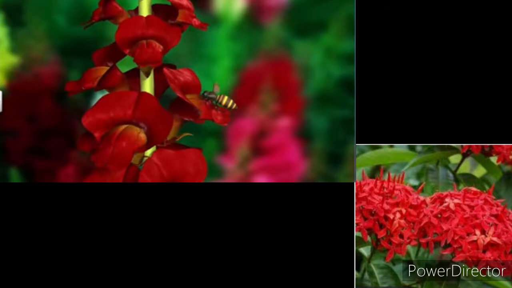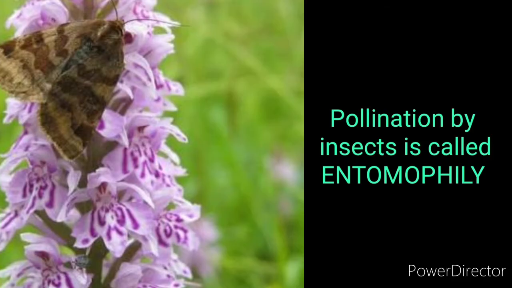Entomophilous flowers are large, colorful, fragrant, and rich in nectar. If it is a single flower, it is large, colorful, and has a good smell and rich nectar to attract butterflies.